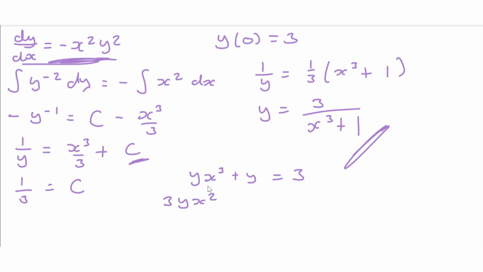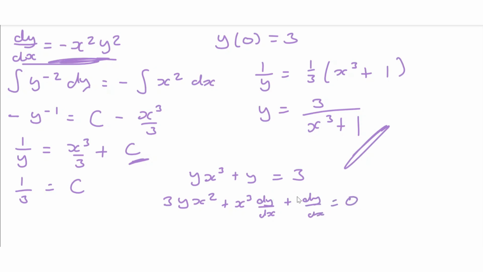Now this is using the product rule and then implicit differentiation. We're going to leave this x cubed bit alone, and then we're going to get plus x cubed dy by dx, and then this differentiates just to dy by dx.